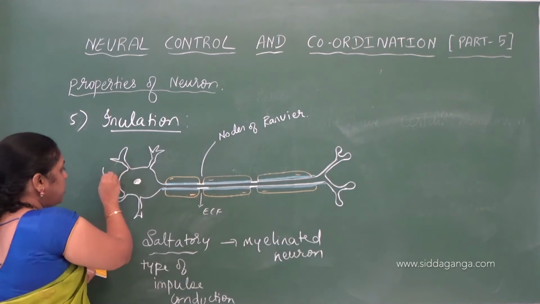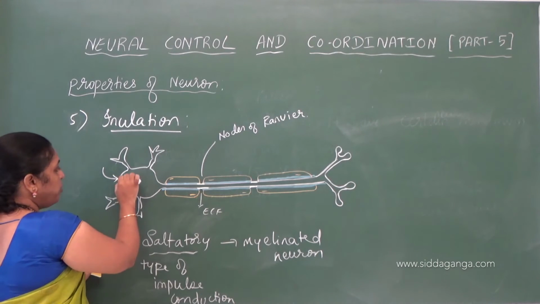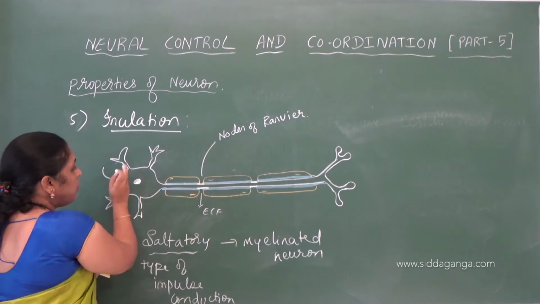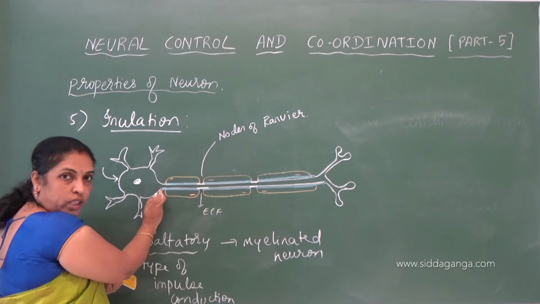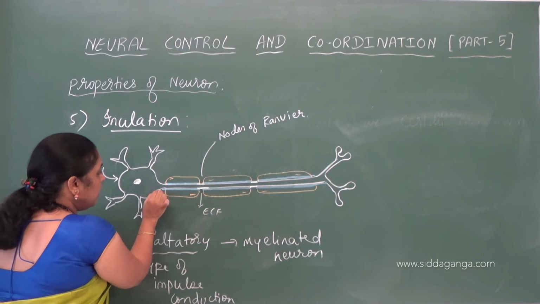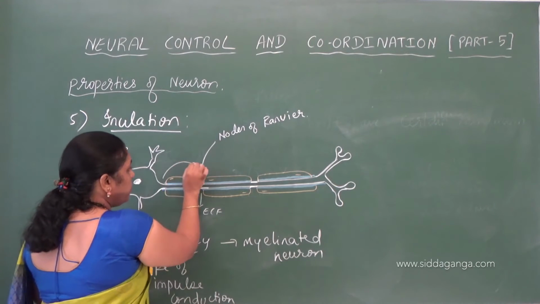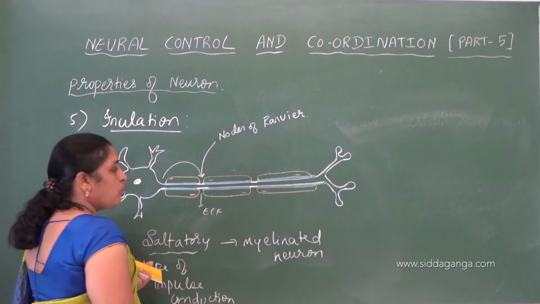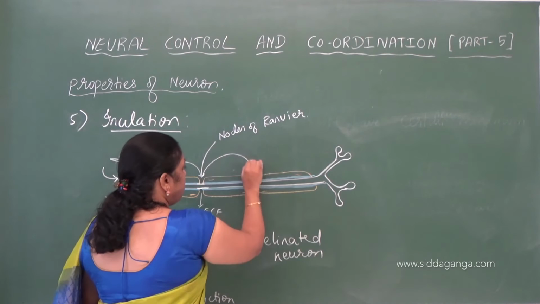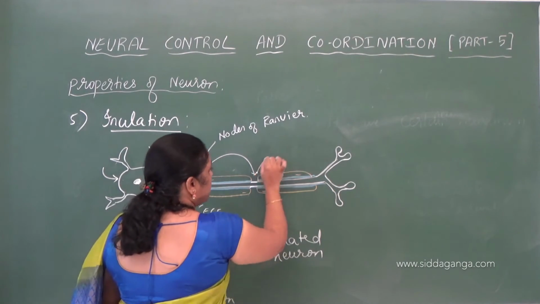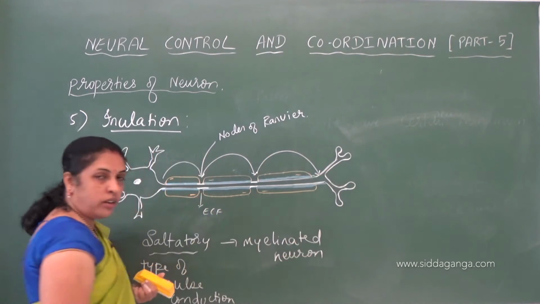When stimulus is applied, action potential is generated here. From there it transfers to axon, then the stimulus will shift to this node of Ranvier. From here it again shifts to here, then it shifts to nerve terminal.